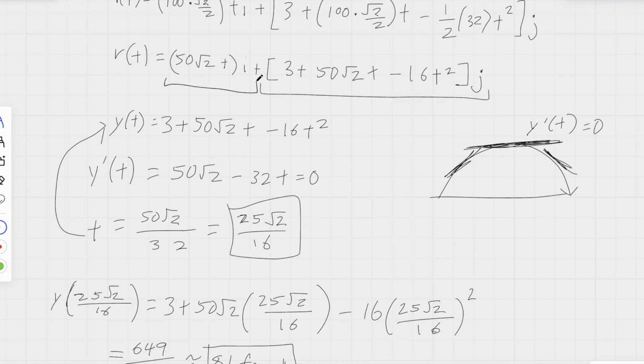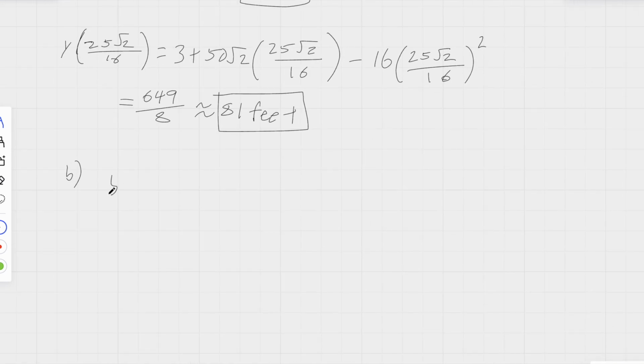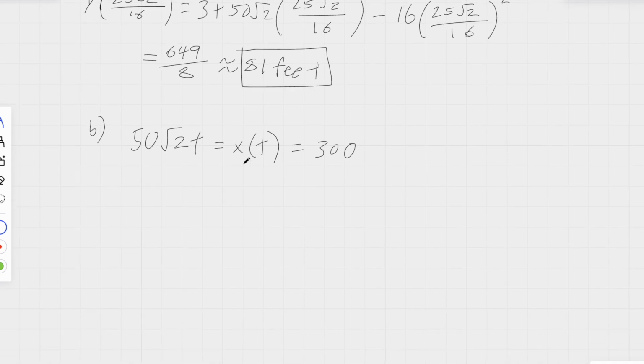The x component is 50 root 2 t equal to x of t, and the distance will be 300. So we can solve for t.